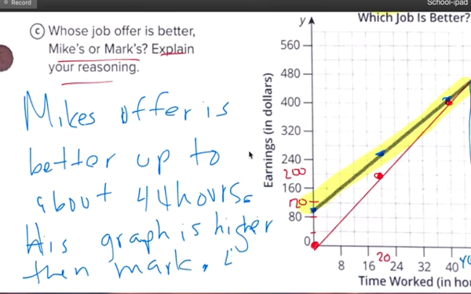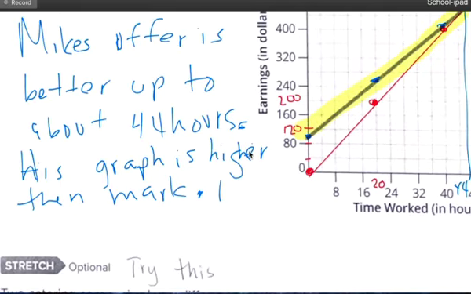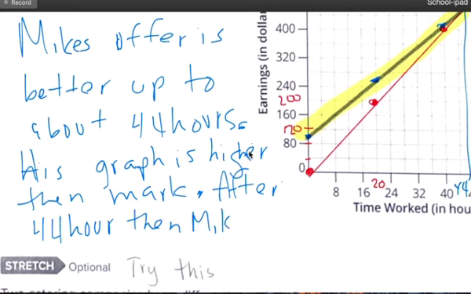After 44, I need to write the word after. After 44 hours, then Mike is a better deal.